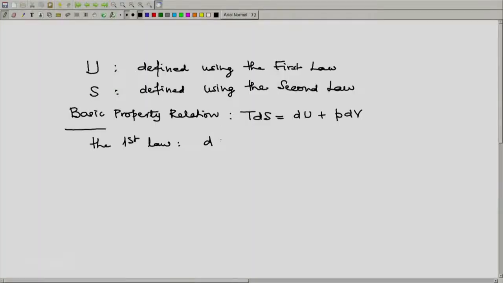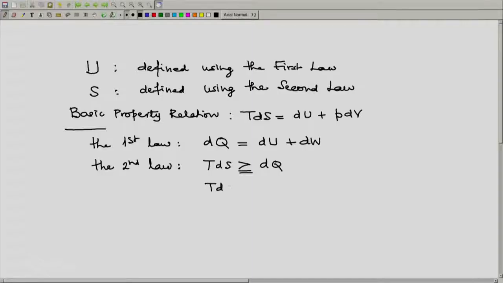Hence we will have dq equals dU plus dw, and we will have the second law which says T dS is greater than or equal to dq, and if you substitute for dq from the first law, we get T dS is greater than or equal to dU plus dw.